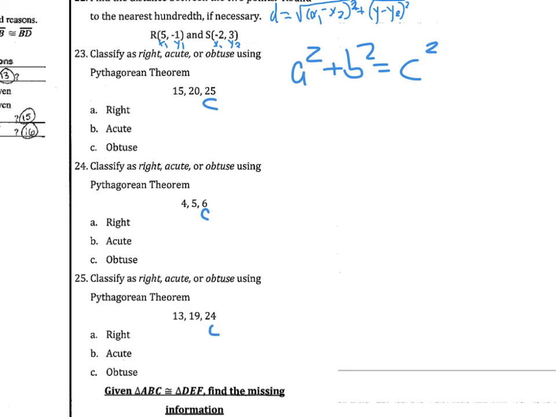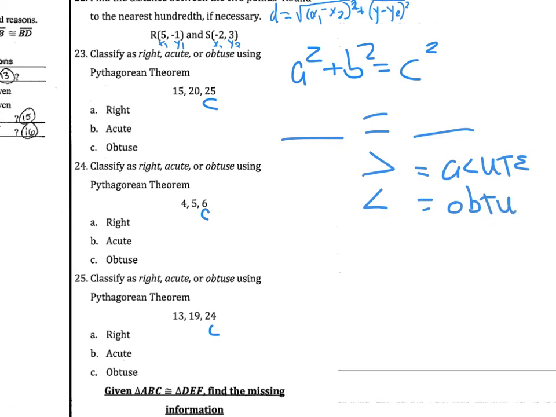Now, when you plug them in, square them and work out the numbers, you get numbers on both sides. If the left side is greater, remember that's going to be acute. If it's less, it's obtuse. Oh, there's the bell. Don't leave. And if it's equal, it's right. Okay? That's 23, 24, and 25.